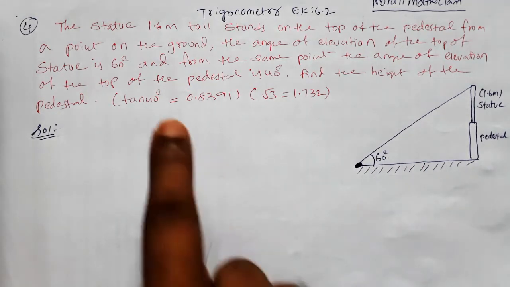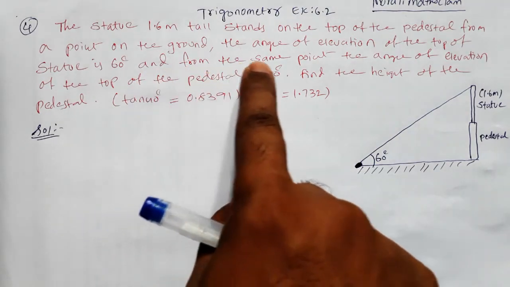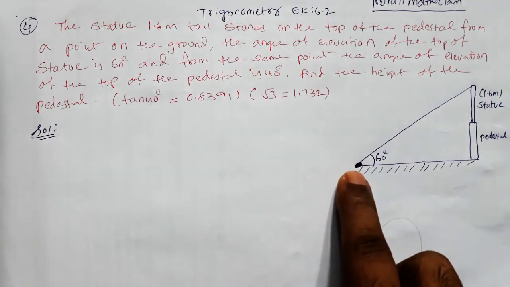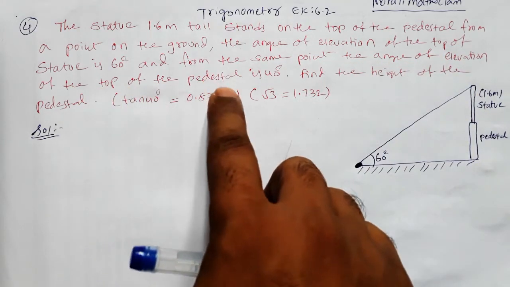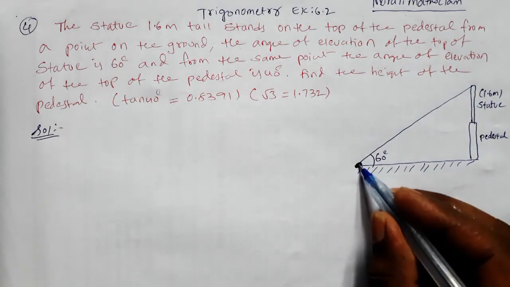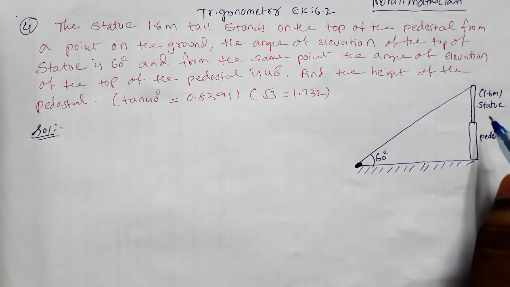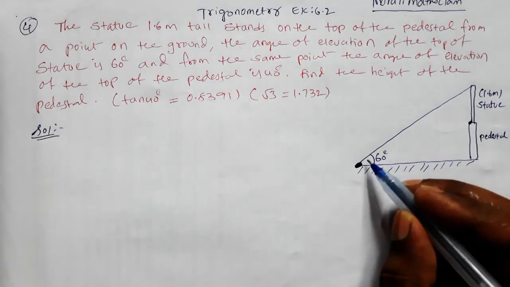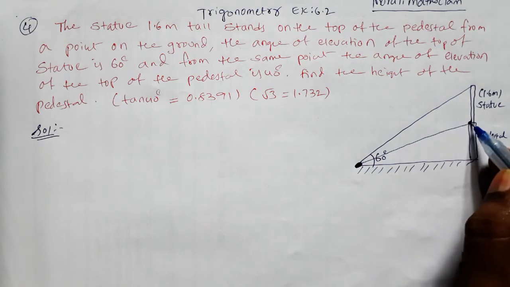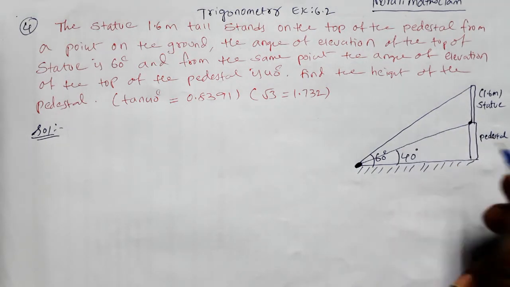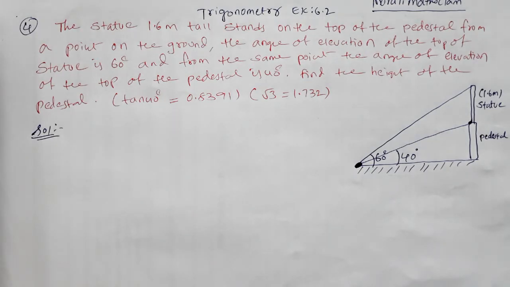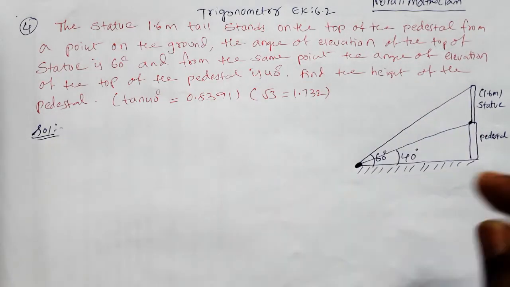And from the same point, the angle of elevation of the top of the pedestal, this angle, is given as 40 degrees. Find the height of the pedestal. This height we have to find.